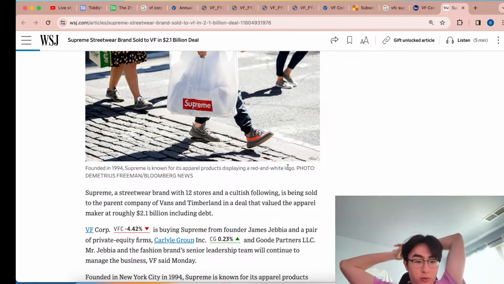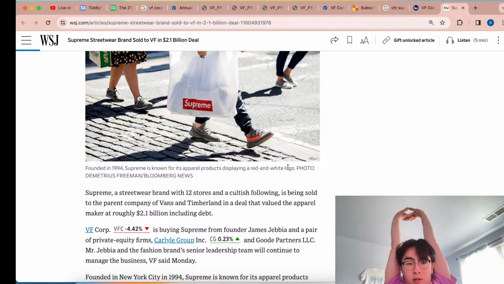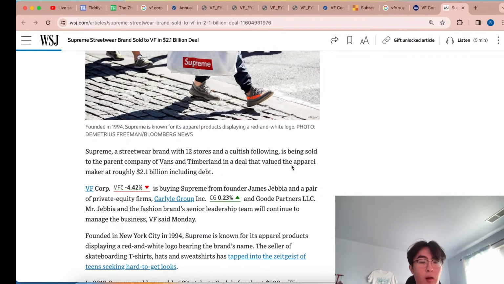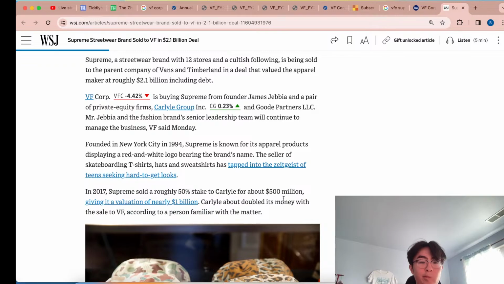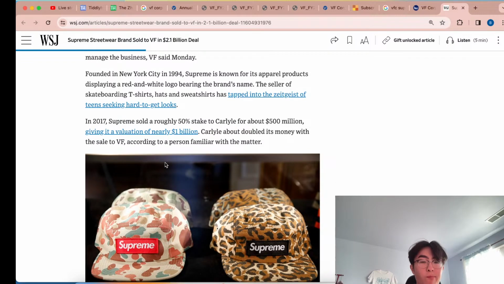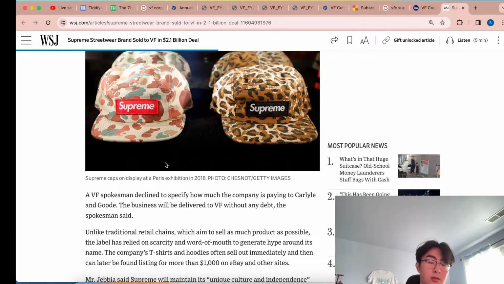Supreme, a streetwear brand with 12 stores and a cult-ish following, is being sold. The business will be delivered to VF without any debt.